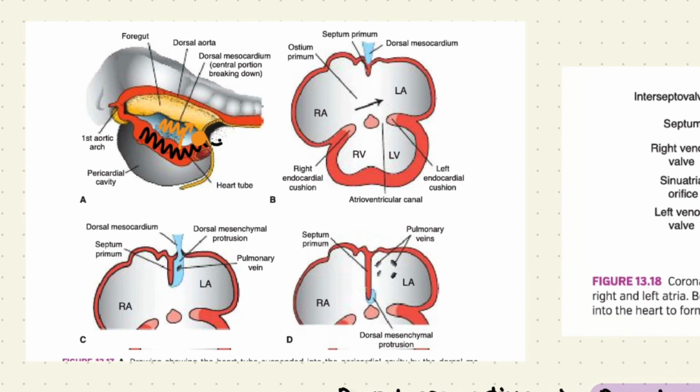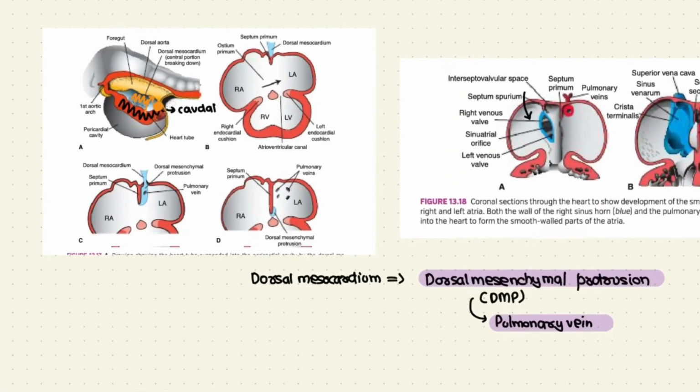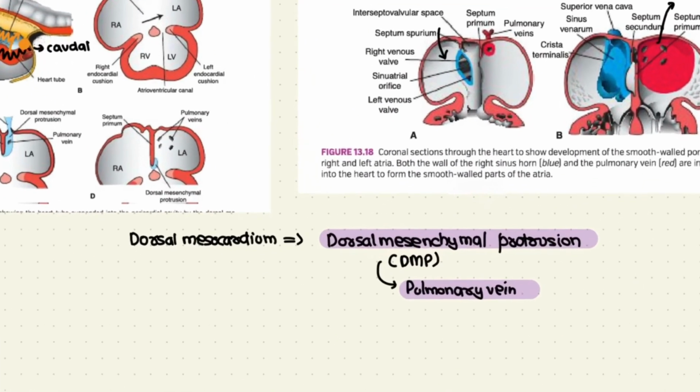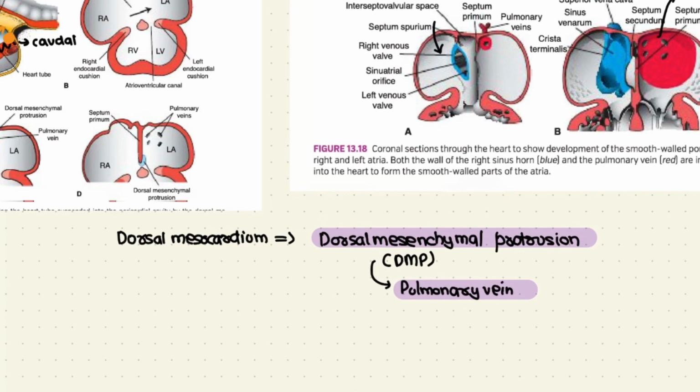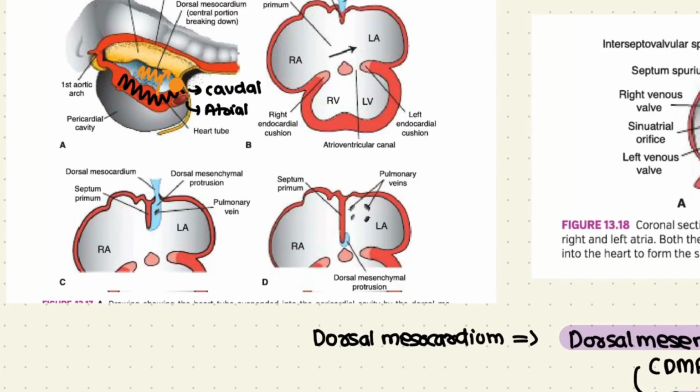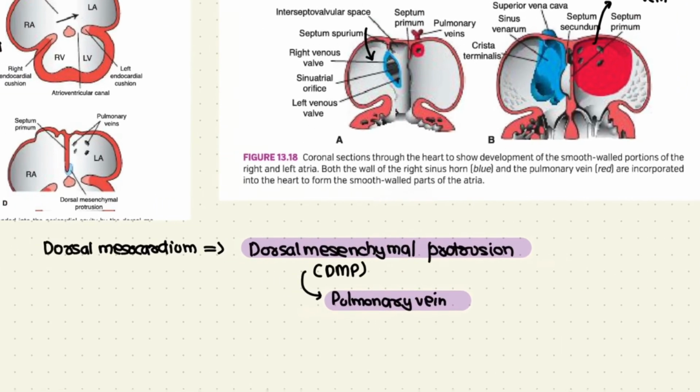At the caudal portion, the mesenchyme at the caudal border of the dorsal mesocardium develops into something known as a dorsal mesenchymal protrusion. When we hadn't yet done the cardiac loop, and it was still in the primordial state, at the atrial end or caudal end of the dorsal mesocardium, we have this mesenchymal protrusion.